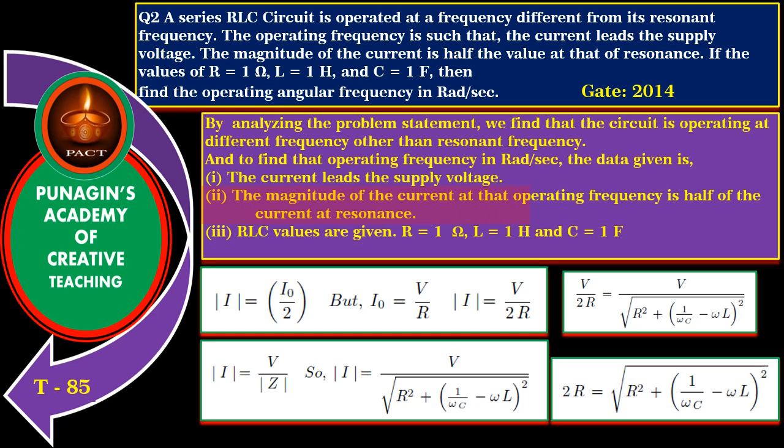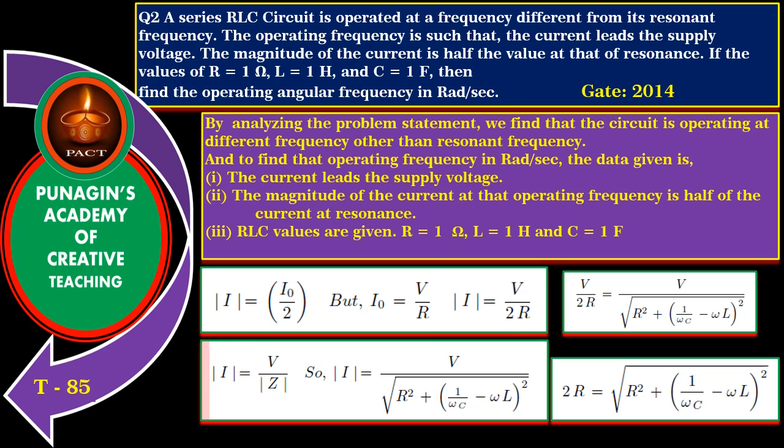From the statement 2, we can write I is equal to I naught by 2. But we know I naught is equal to V divided by R. Hence, I is equal to V divided by 2R.